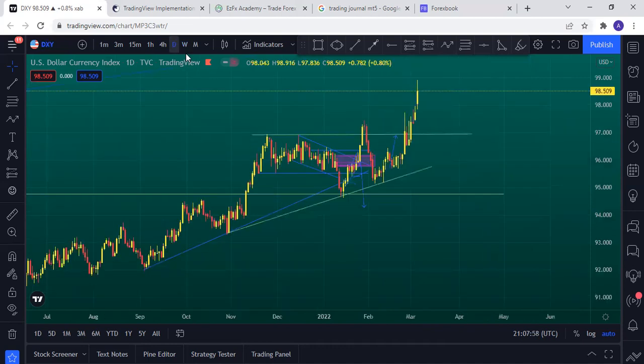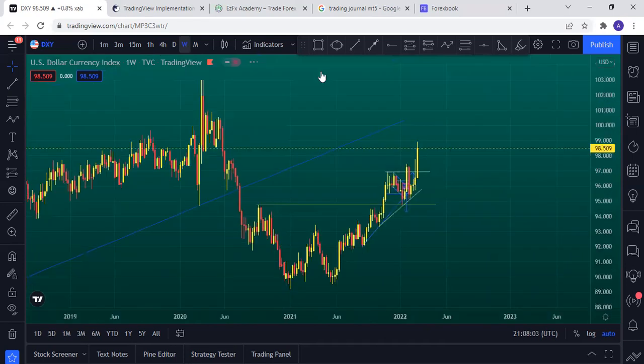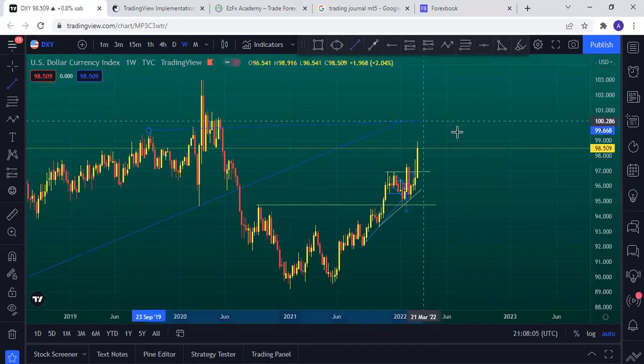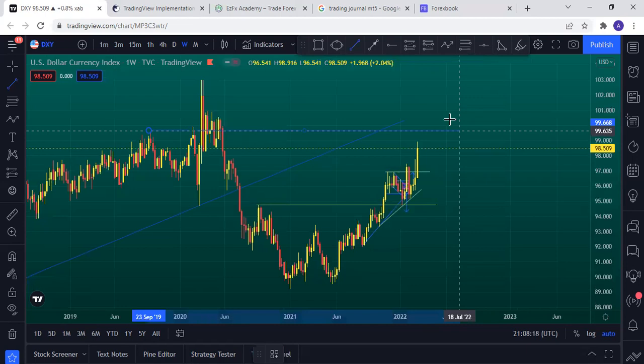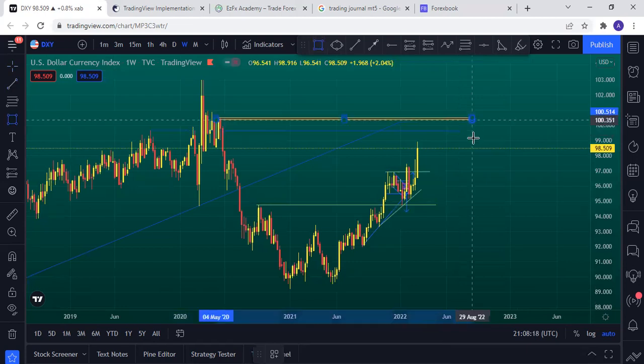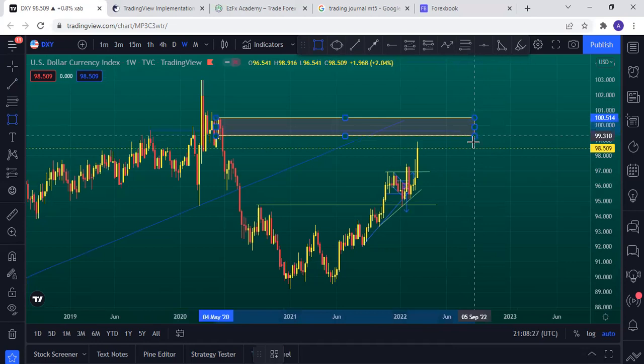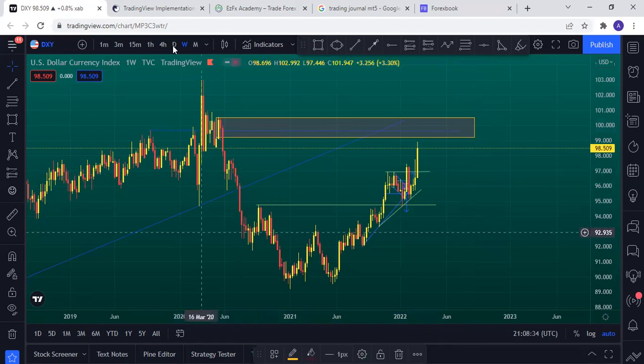We might still see a bit of strength in the dollar index, coupled with the fact that this would most likely happen. All right, so price has not really entered into that zone yet. Price is still playing around that zone. So let's see on the daily time frame.